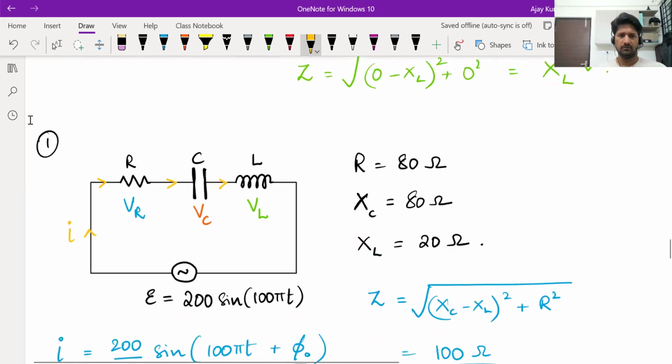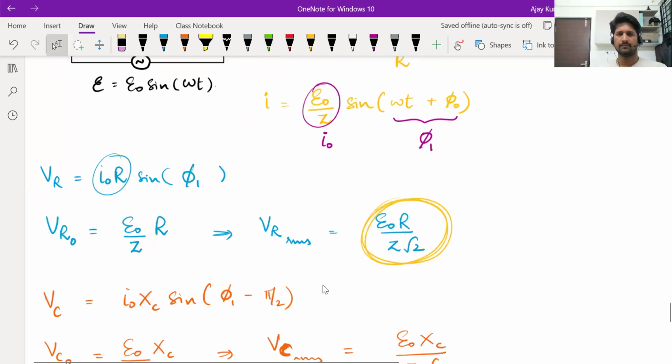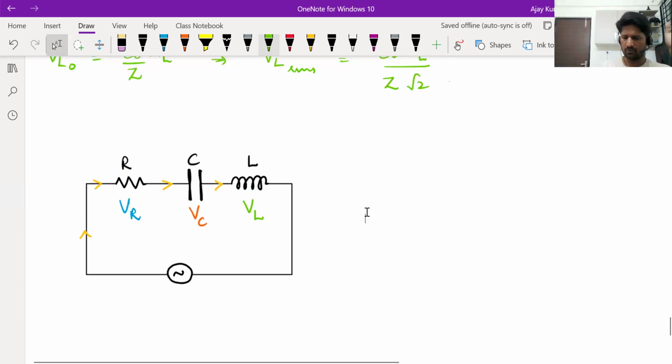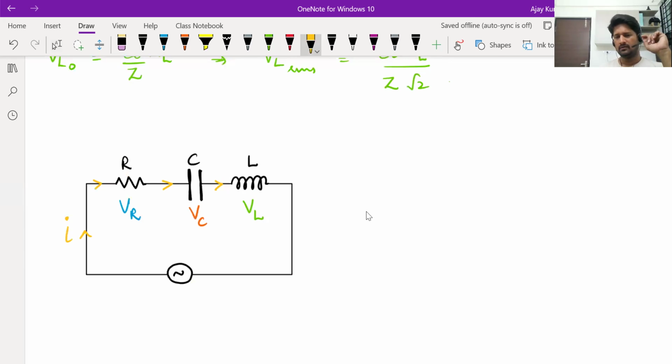Okay, just a moment. Let me copy this diagram. As current passes in an LCR series circuit, whatever be the current, let's say I. One of you tell me, when current passes through a resistor, what happens?